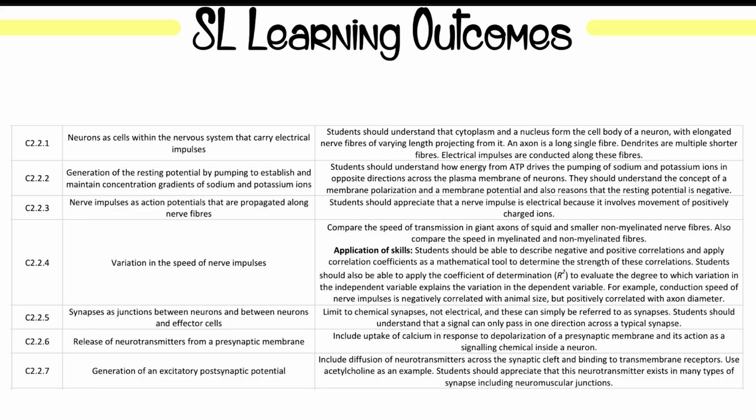We then looked at the junction point between two cells in the nervous system, or synapses, and how exactly they communicate with each other. And this directly relates to this learning outcome when we discussed neurotransmitters and their role in synaptic transmission.